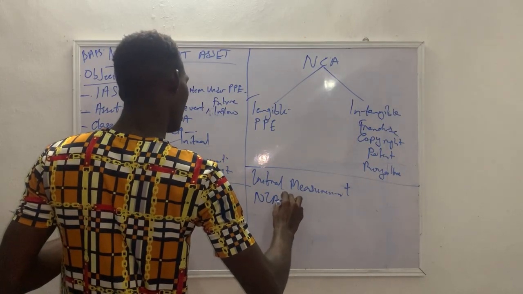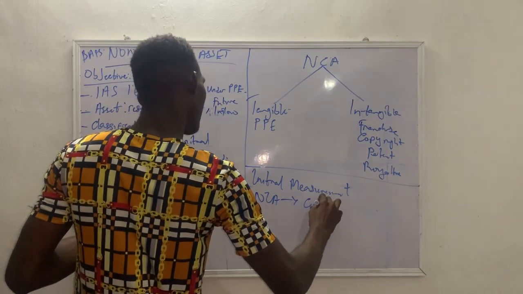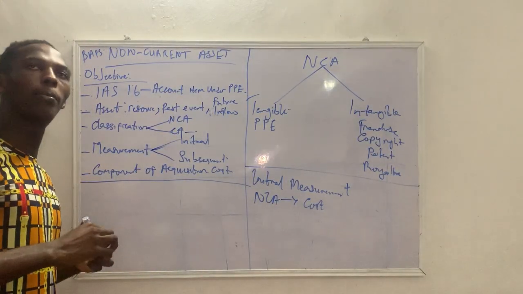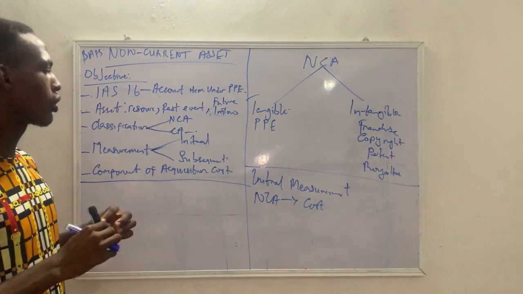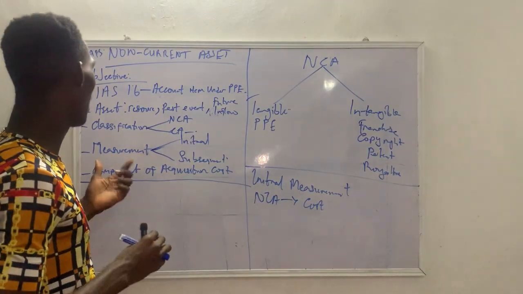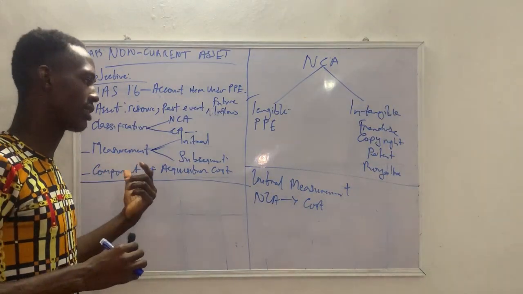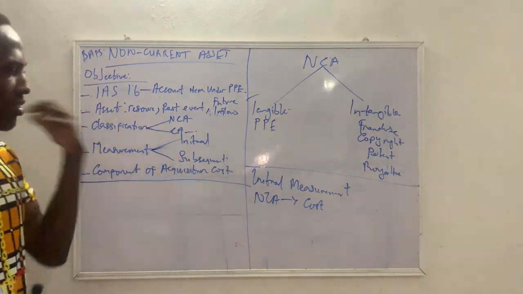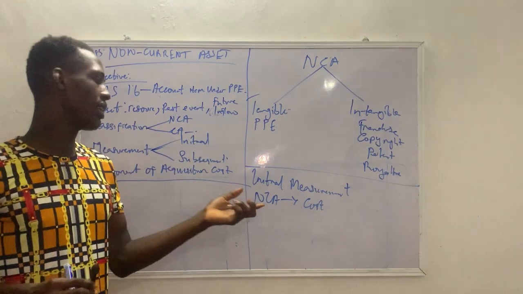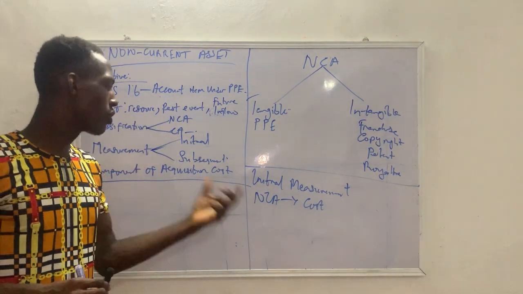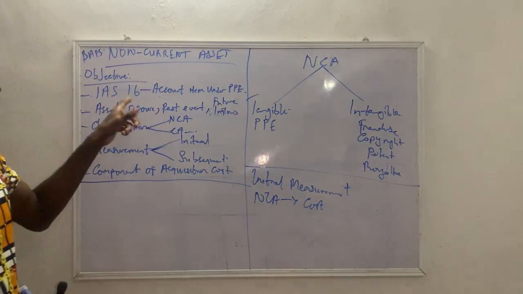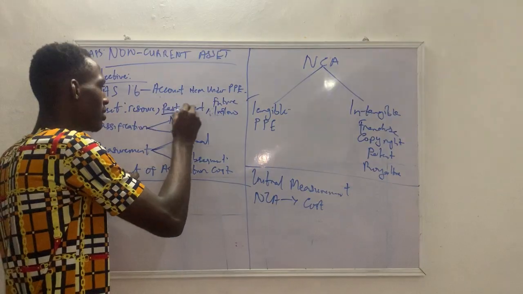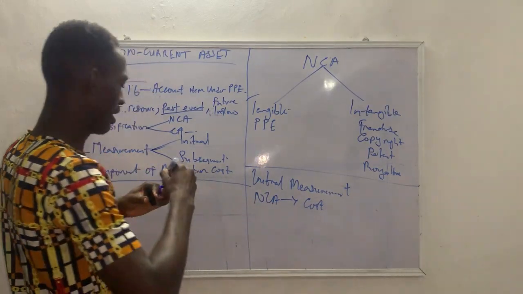NCA, that's non-current asset, is measured at the cost in which it was purchased. That is the cost of acquisition of the non-current asset. That is a past event, not a future event. You understand? If it is a future event, then it is no longer a non-current asset. So for it to be a non-current asset, it must meet the definition of an asset, which requires a past event. So yes, the cost.